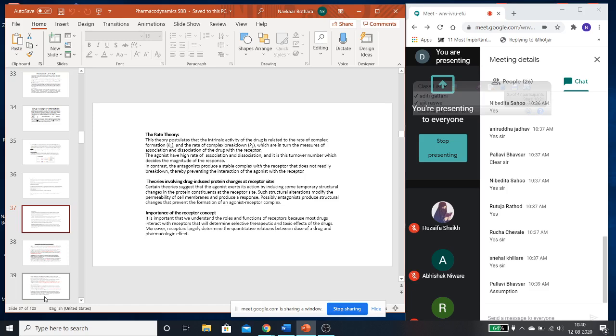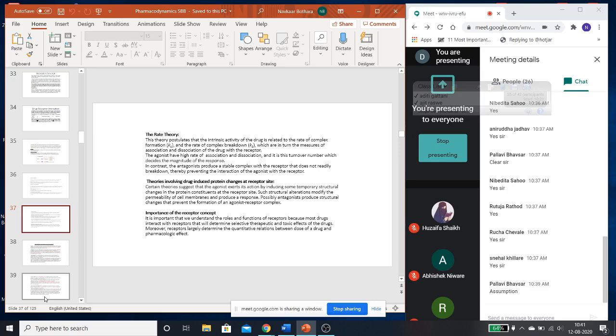Every time it associates, it elicits a response, gets dissociated, gets associated again, and starts the response, maybe a transporter or ion transport, or maybe a second messenger. This is continuously going on, so this is a dynamic reaction. It is not as easy as we said with the driver and car. That was for easier understanding in the initial phases, but as we go ahead, we should understand this.